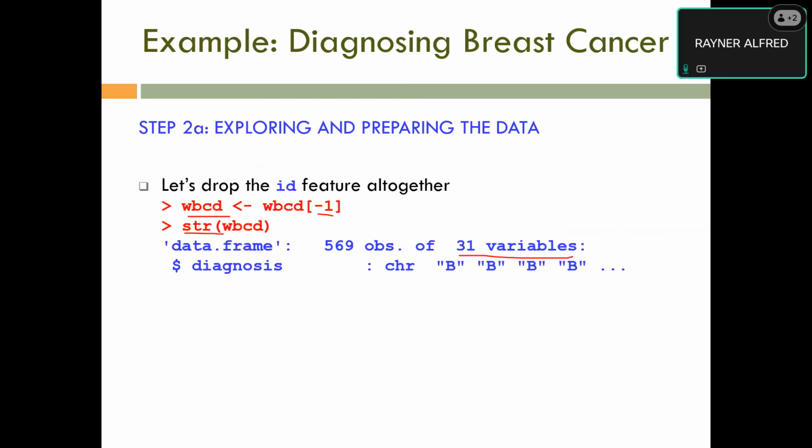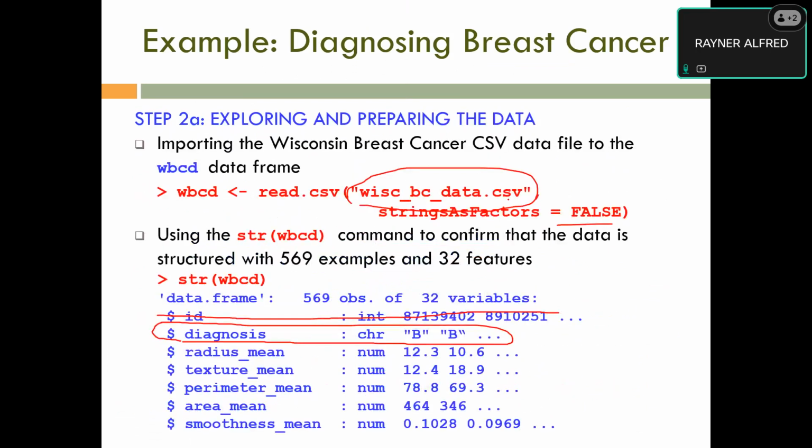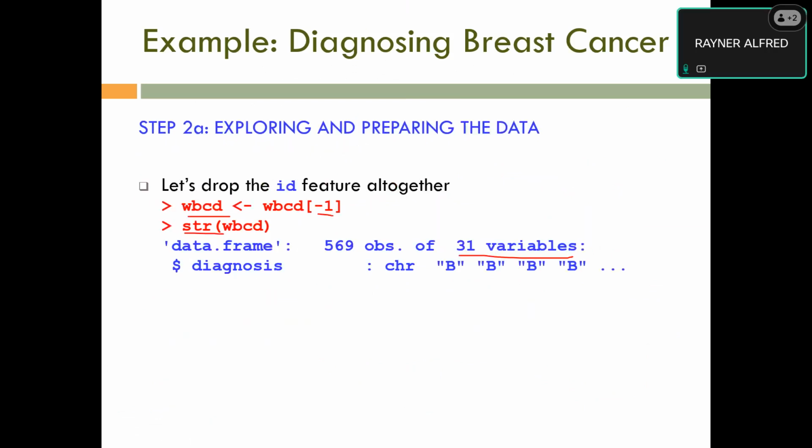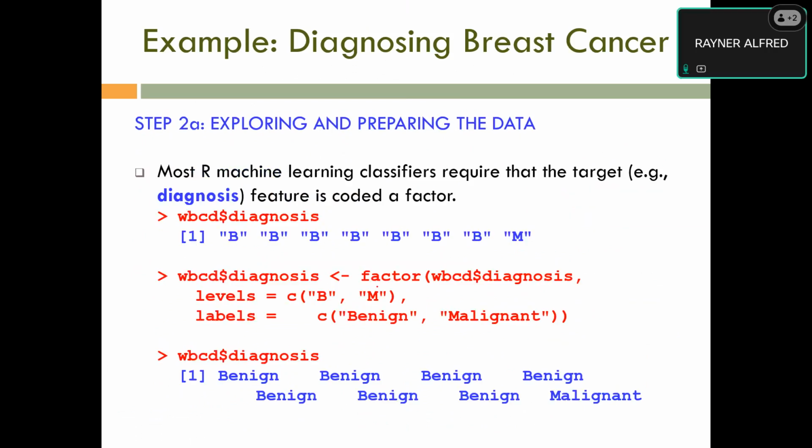Since during the input we did not set strings as factor, your diagnosis here is also character. So we want to change this to factor. How do we change it?